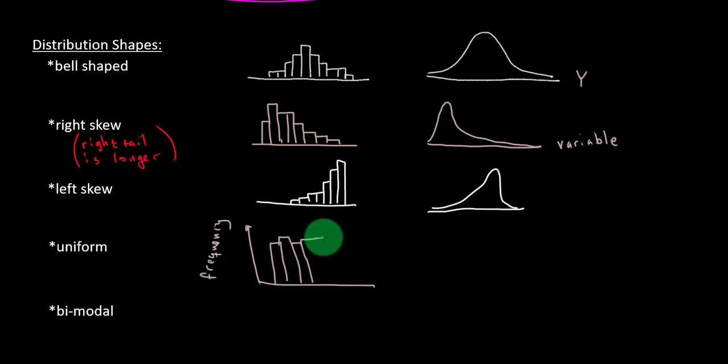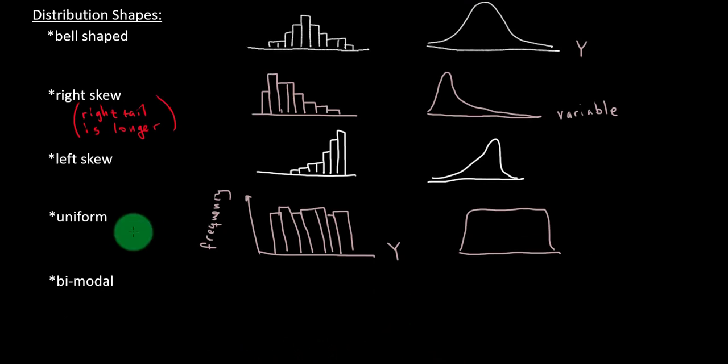And it doesn't have to be exactly the same, but it is mostly like a flat top here. So I'll label that y. So across the variable y, the frequencies are almost all the same. If I was to draw this as a smooth curve, sometimes this is kind of hard. This is just a flat top. Uniform.